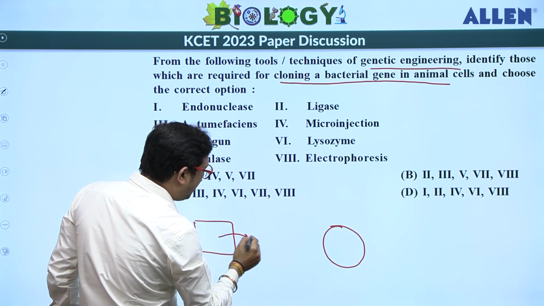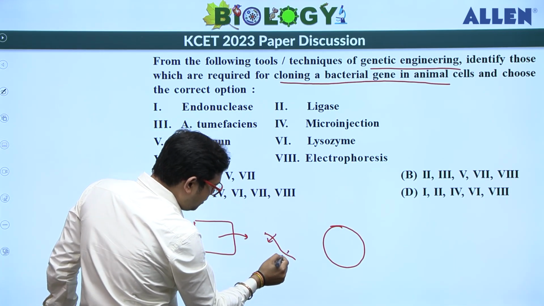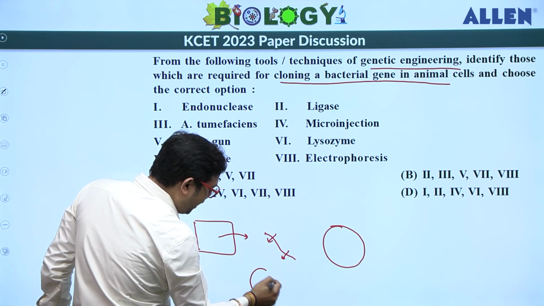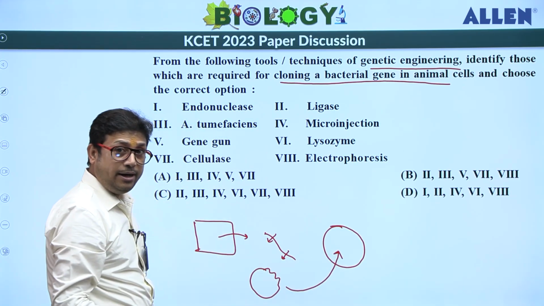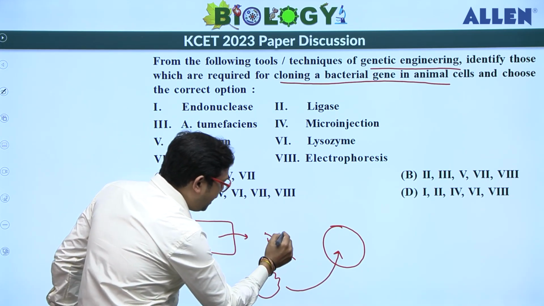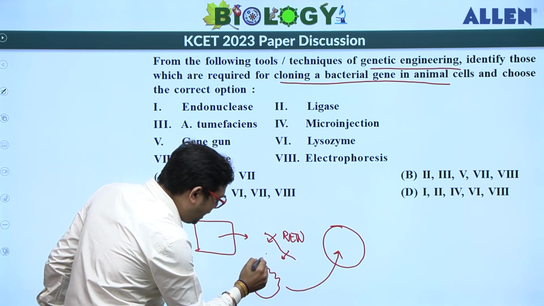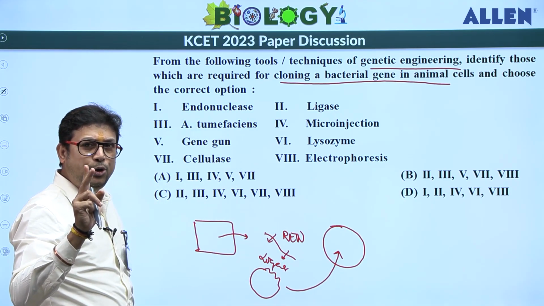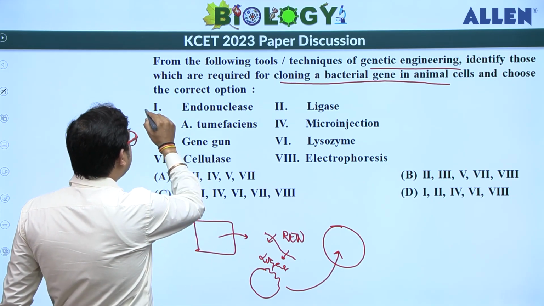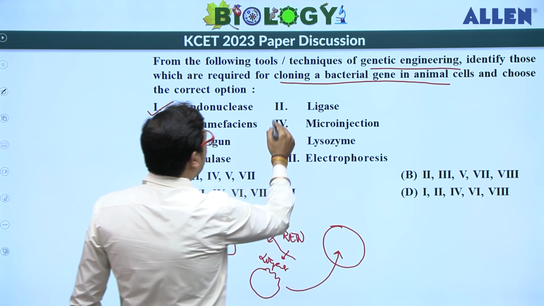So you are isolating a bacterial gene, cutting the desired gene, putting it in a suitable vector, and then putting it inside the host cell. Now definitely you are using RN, and here definitely you are using ligase. So 2 enzymes you have to use, one is restriction endonuclease, RN, and another one is ligase.